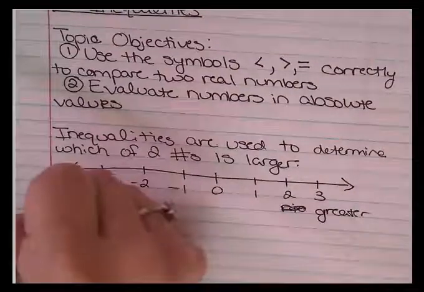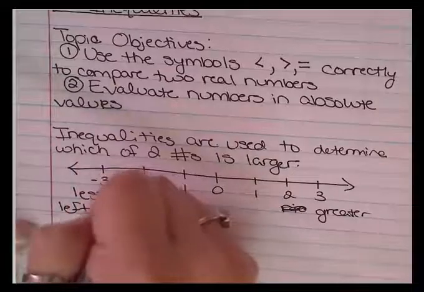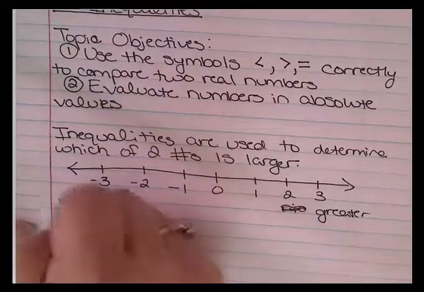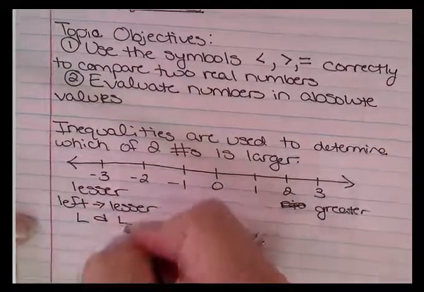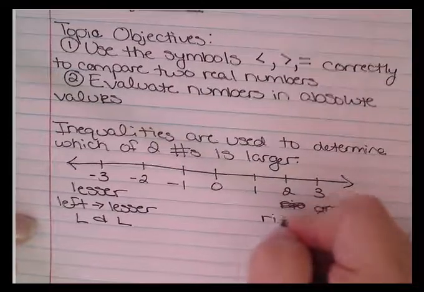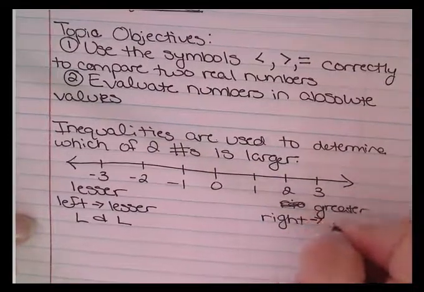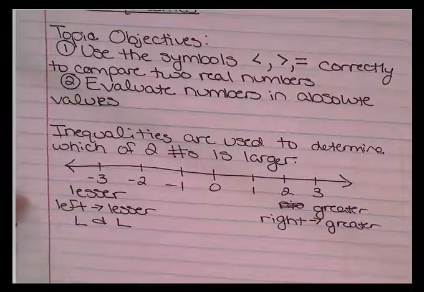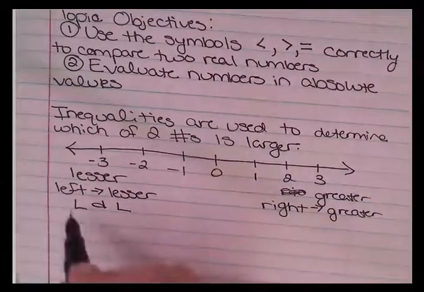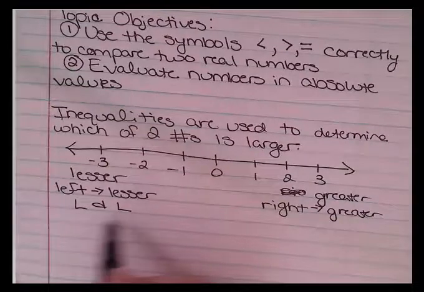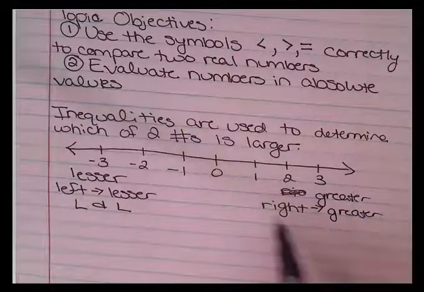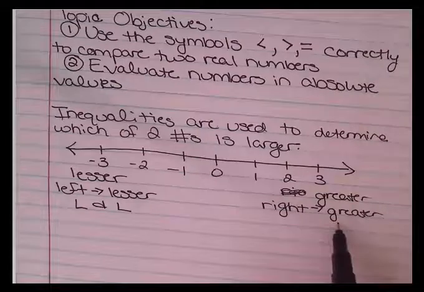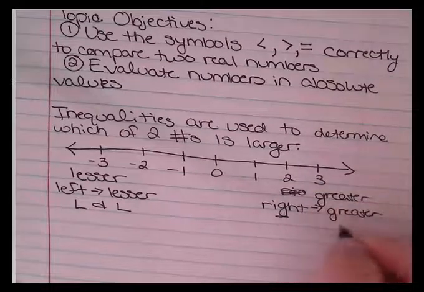So left is lesser, we have L and L, and then right is greater. It's easy to remember left is lesser, they both start with L's. Right and greater both have G's, so I guess you could remember it that way if that clicks for you.